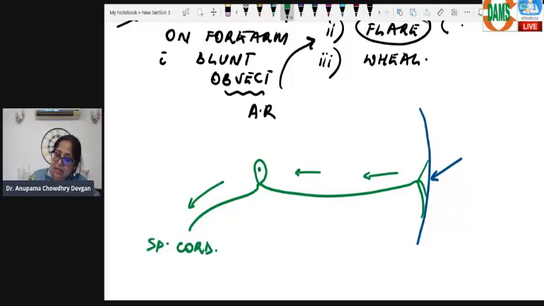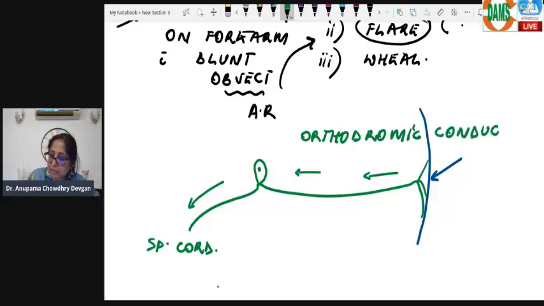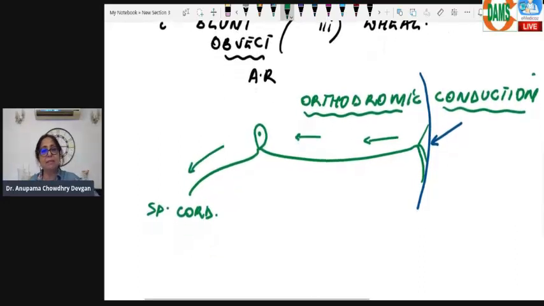This is known as orthodromic conduction. What is orthodromic conduction? Here the impulses are moving from the periphery towards the spinal cord.